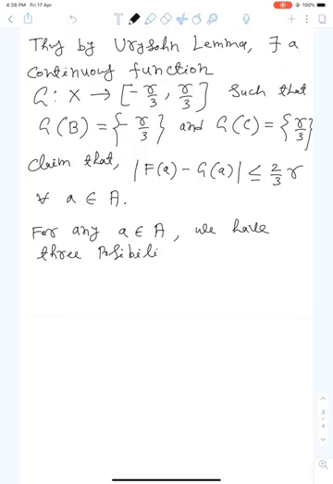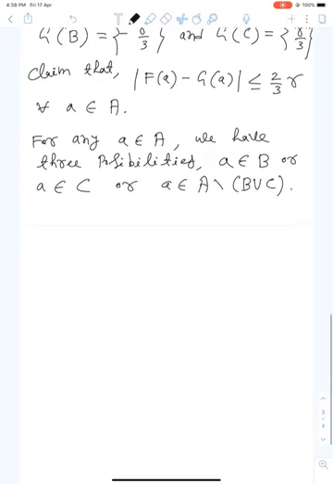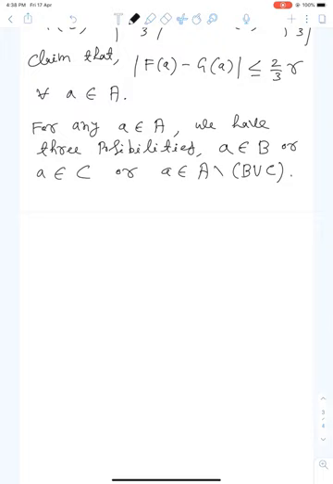Three possibilities. Either a belongs to B, or a belongs to C, or a belongs to A minus B union C. Right? Now what if a belongs to B?